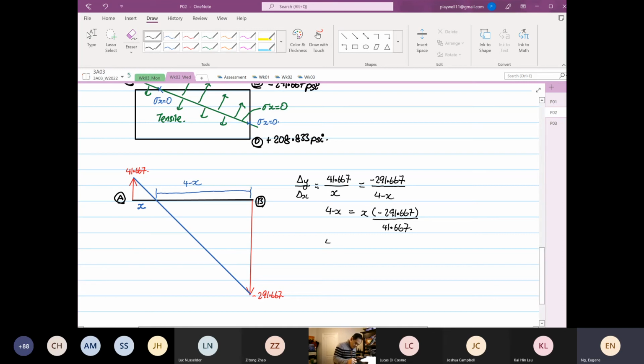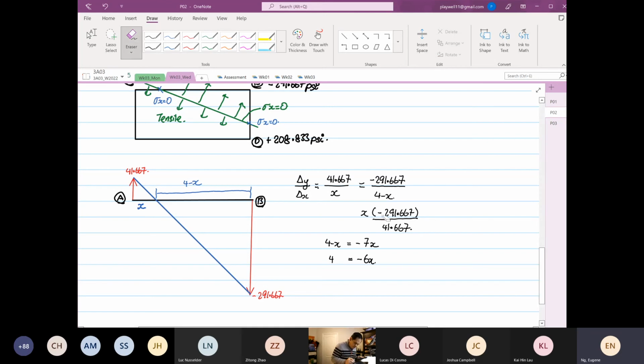Okay, so 4 minus x is equal to minus 7x. Okay, so 4 is equal to minus 6x. Wait, why am I getting a minus down here?